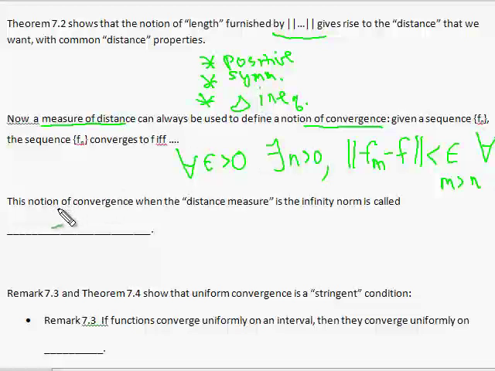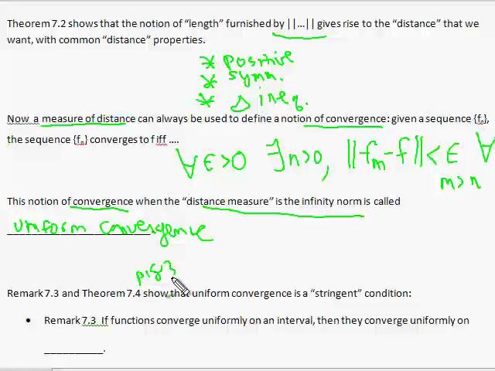Okay. This particular notion of convergence, when we're using convergence relative to the infinity norm or sup norm, is called uniform convergence. All right. If you look in Howey's book on page 183, you'll see that uniform convergence is quite a stringent condition in the sense that it implies other things.